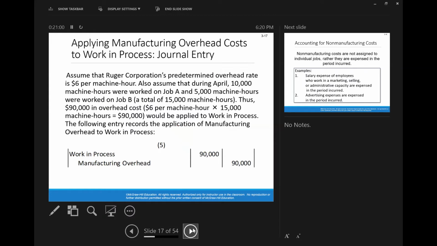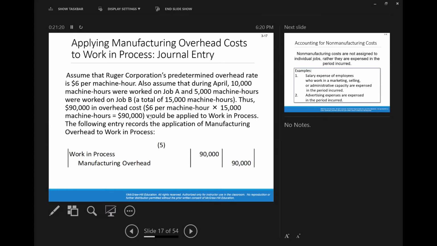Okay, assume that Ruggers Corporation's predetermined overhead rate is $6 per machine hour. Also assume that during April, 10,000 machine hours were worked on job A and 5,000 machine hours on job B. So we have a total of 15,000. So we have 90,000 in overhead.